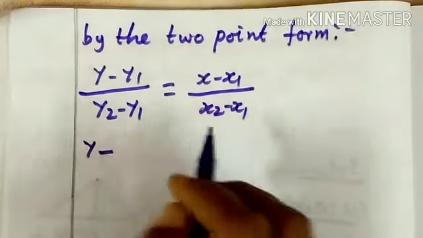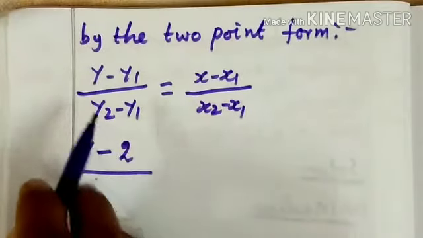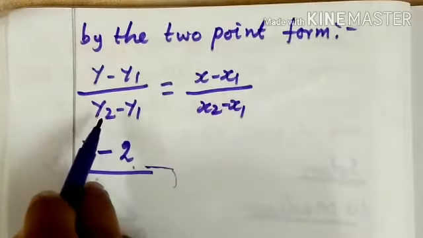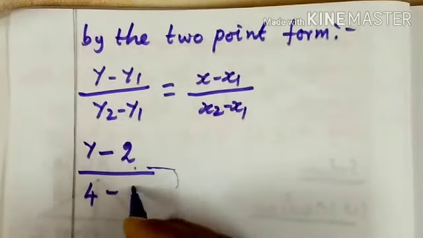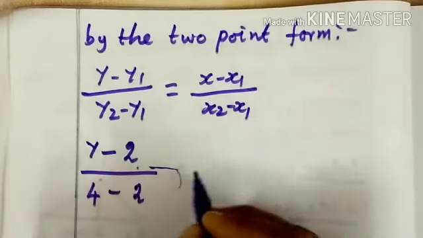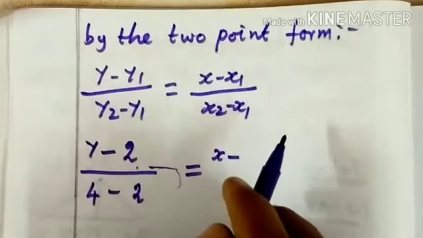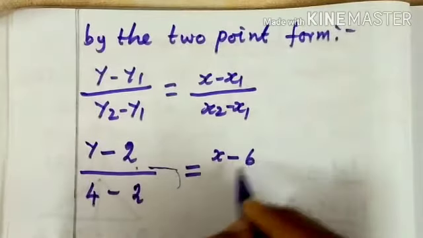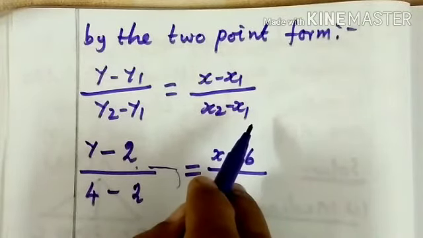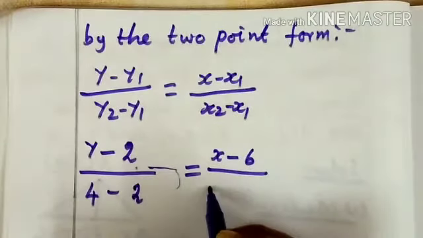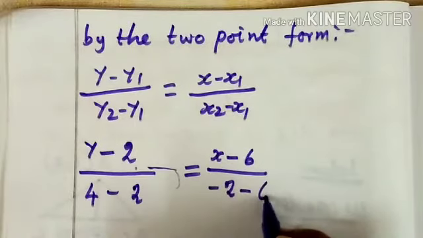We get y minus, here y1 is 2, so y minus 2 by y2 minus y1. Here y2 is 4 and y1 is 2, so 4 minus 2 is equal to x minus x1. Here x1 is 6. So x minus 6 by x2 minus x1, that is -2 minus 6.